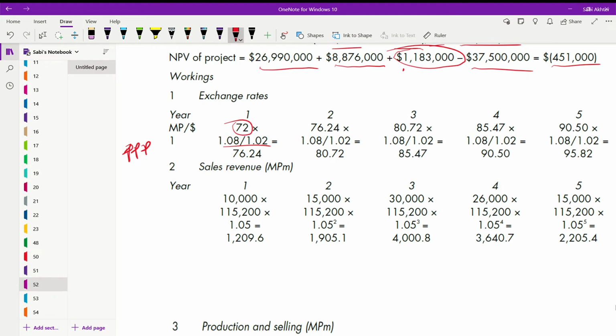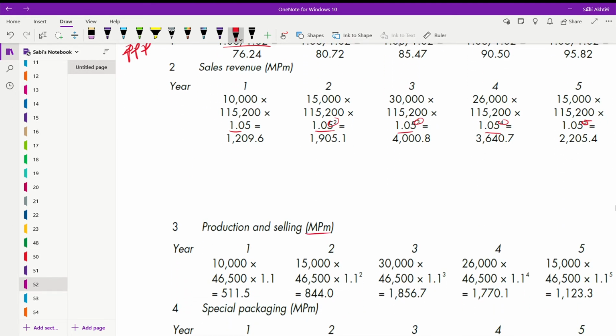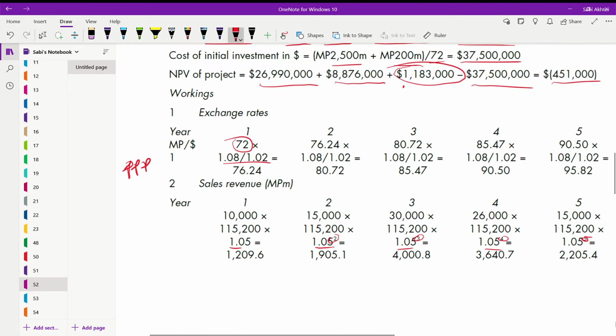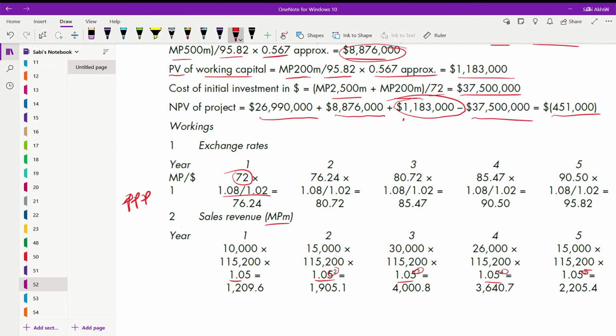And when you are increasing it, don't forget to put the powers. Very important. Please write the currencies all the time. This is an international net present value question. And exchange rate has to be done first because everything you need later needs to be converted using the exchange rate. So keep your exchange rate ready.